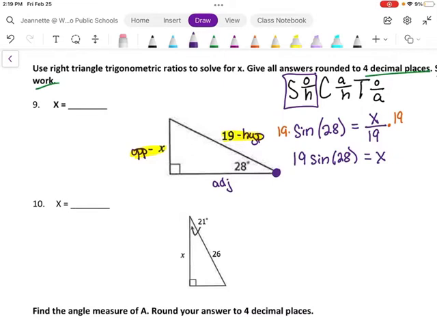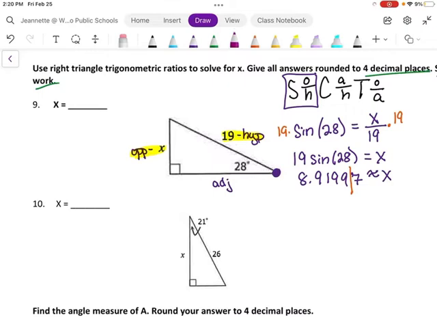And this one, when you round, it does change quite a bit because it ends up being about 8.9199, and I think it was like 7 here. And we needed to round to 4 decimal points.